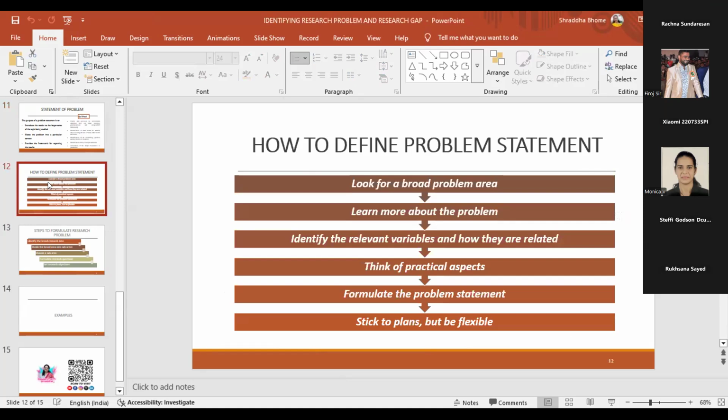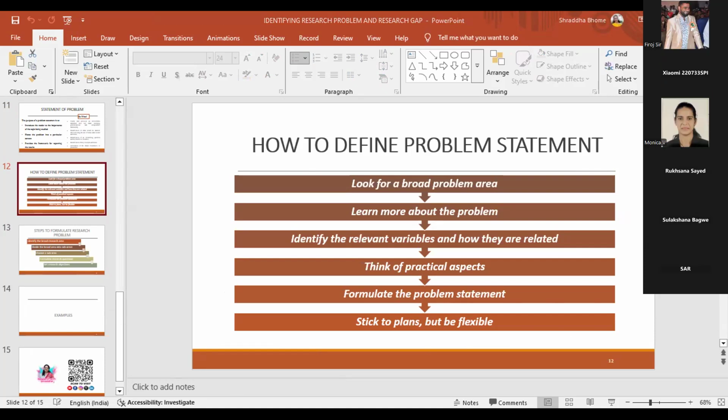Then you need to define the problem statement. This slide will clearly give you the picture of how to define the problem statement overall. So the first step is you need to look for a broad problem area.